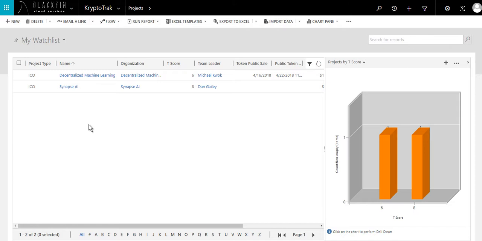From the names, I think you could probably derive the fact that these cryptocurrency ICO projects are trying to tackle elements of artificial intelligence, more specifically machine learning, in fact. Even though this is called Synapse AI, I would venture to say that this was focused on machine learning more so than just the broad category of artificial intelligence.